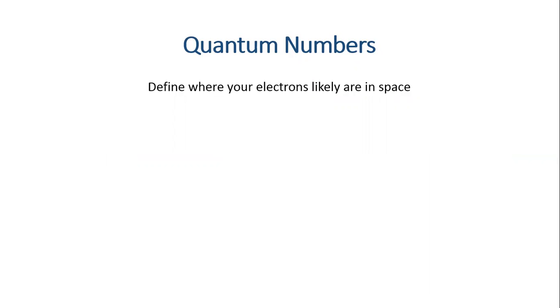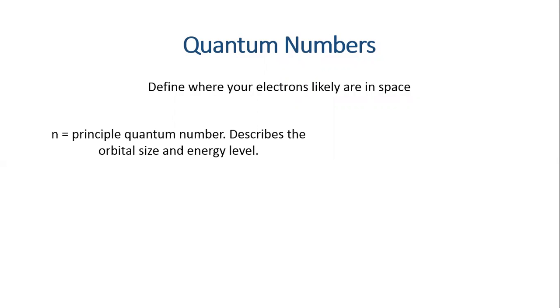Our quantum numbers define where our electrons likely are in space. And this is an important concept to understand. When we talk about our quantum numbers, we're trying to pinpoint where our electrons are, but we can only understand the likelihood of where they could be.